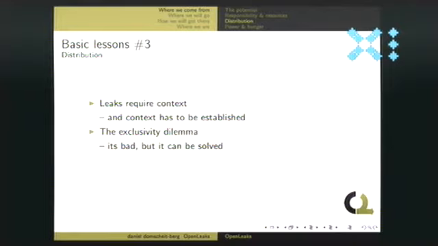But on the other hand, it can be solved. And this is one of the things that we have spent a lot of thought on. And we've developed a mechanism to address that exclusivity dilemma, how we can give partners working with us some kind of exclusivity while still making sure that it doesn't harm anybody, and it certainly doesn't harm the public and the information the public receives. But I'll get into that in a bit.